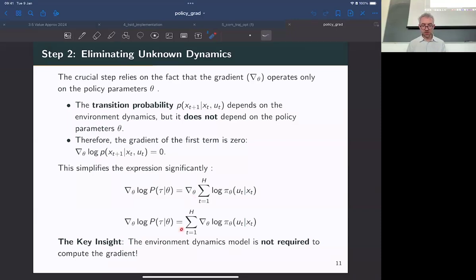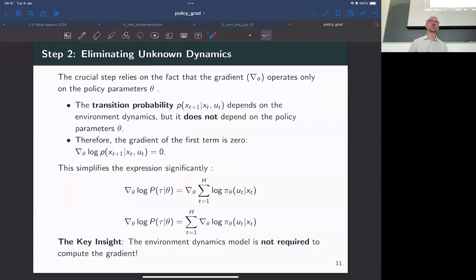So we have the summation of gradient of log pi. And so we managed to compute this probability without requiring any knowledge of the environment dynamics, which is exactly what we needed.